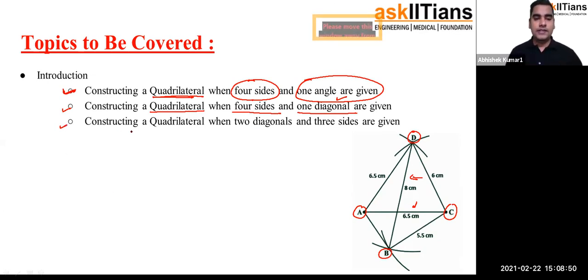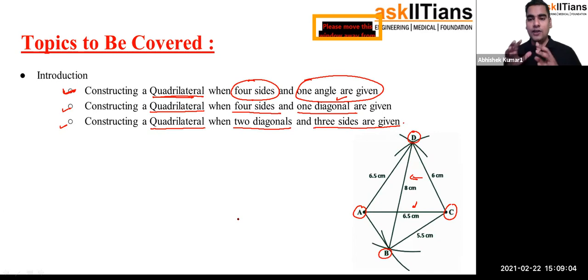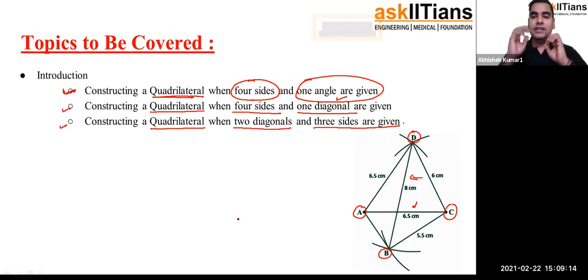The third topic is how you can construct a quadrilateral when you are provided both the diagonals, because a quadrilateral always has two diagonals, and three sides. Any three sides are given. If you look at this figure, you will be provided both the diagonals, that means AC and BD both, and apart from that any three sides out of the four sides which make the quadrilateral will be provided to you.